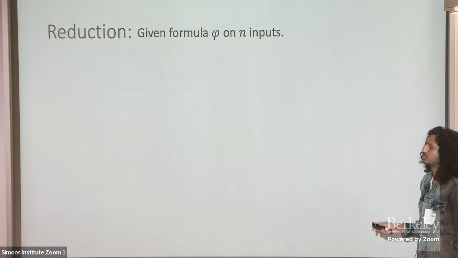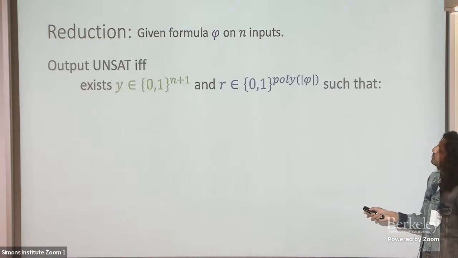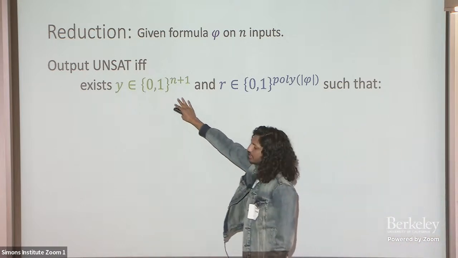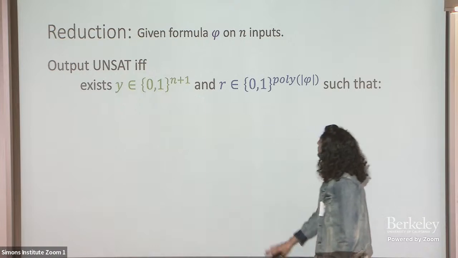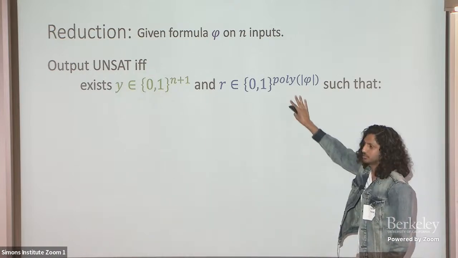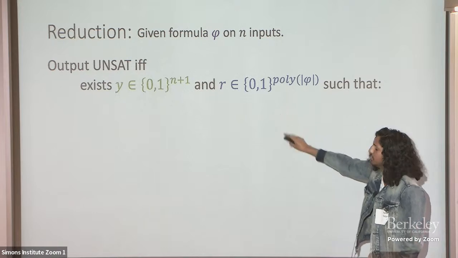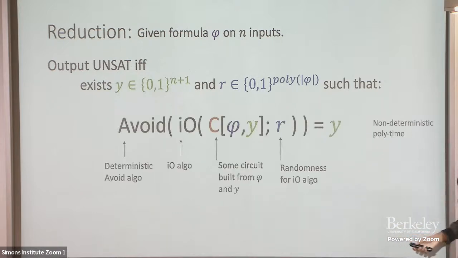What's our non-deterministic algorithm? The algorithm is going to say output unsatisfiable if there exists, it's going to existentially guess a y of length n+1 and some r. So these are just two strings. We'll worry about what they are and what their meaning is later. It's going to guess two strings, and it's going to check the following condition.